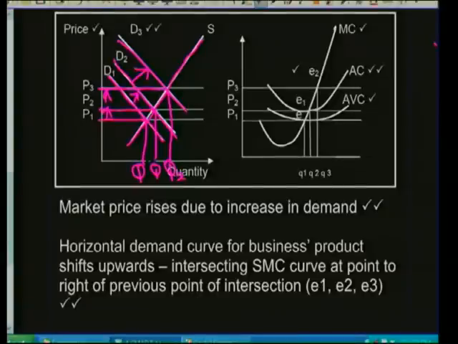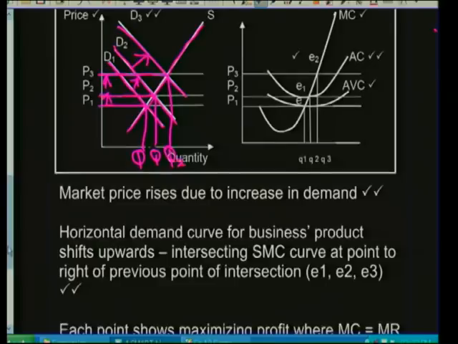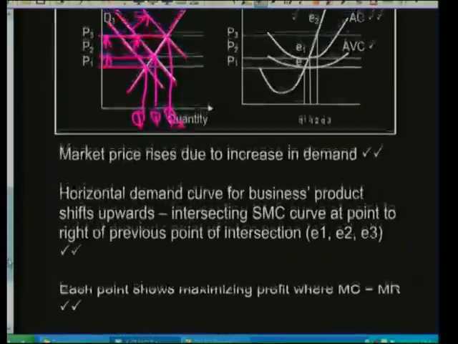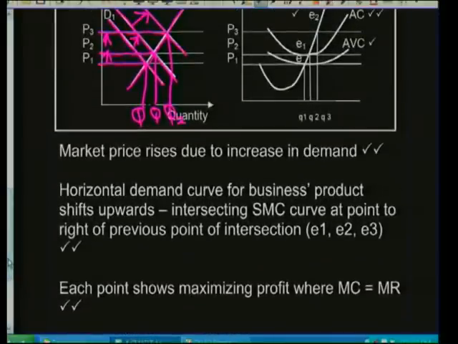When you look at the individual, the prices will increase. In the discussion, it says horizontal demand curve for the business's product shifts upward. So as you can see, the demand curve and the price curve is the same thing. It will shift upwards, intersecting short-term marginal cost curve.